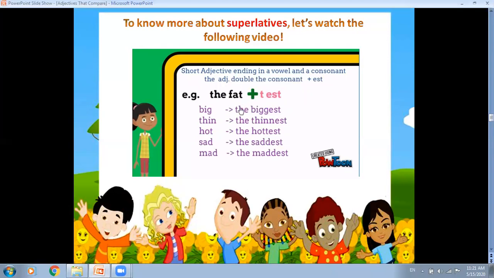I have to double the final consonant and add EST. So fat, the fattest. Double T. Big, the biggest. See? Here I have short I, short vowel, and I have a consonant. So I have to double the final consonant, the biggest, double G.